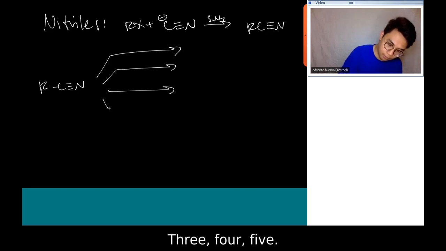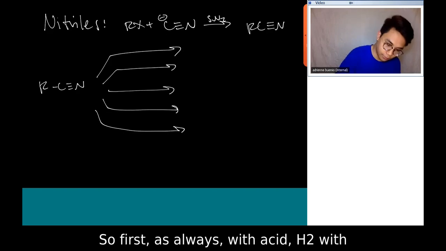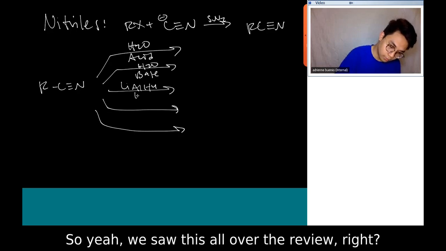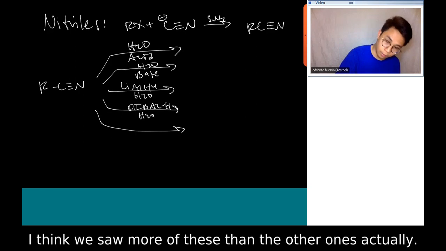3, 4, 5. Okay, so first, as always, with acid, H2O, with base, LiAlH4 with water. So yeah, we saw this all over the review, right? I think we saw more of these than the other ones, actually.